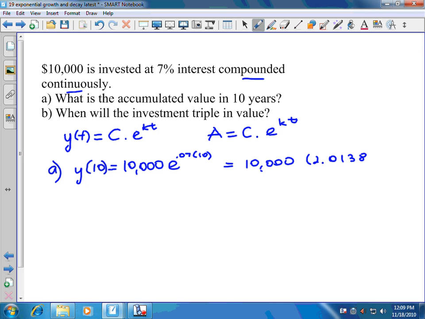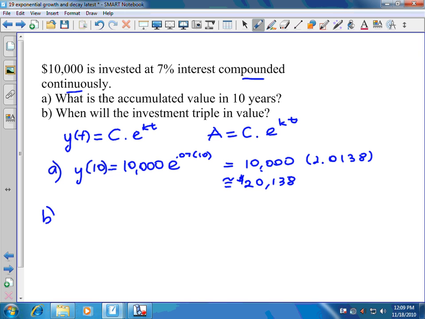And if we multiply it by 10,000, we just have to move the decimal basically 4 units to the right. And we're going to get 20,138 roughly. So in 10 years, we expect $10,000 to grow into $20,000.